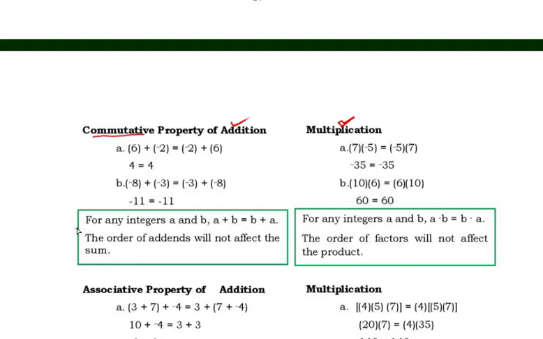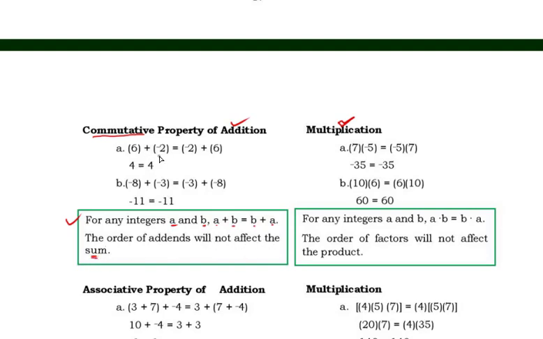So, sabi po dito, for any integers a and b, kahit ano daw pong dalawang klaseng integer, na kapag inadd nyo po yun, a plus b is the same po pag plinus mo po yung b plus a. Pwede nyo pong pagbaliktarin yung kanilang position. Ang sagot ay hindi po mababago. The order of addends will not affect the sum.